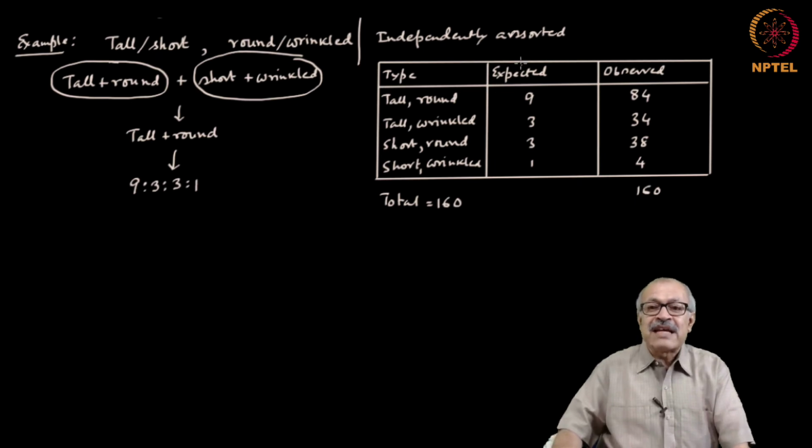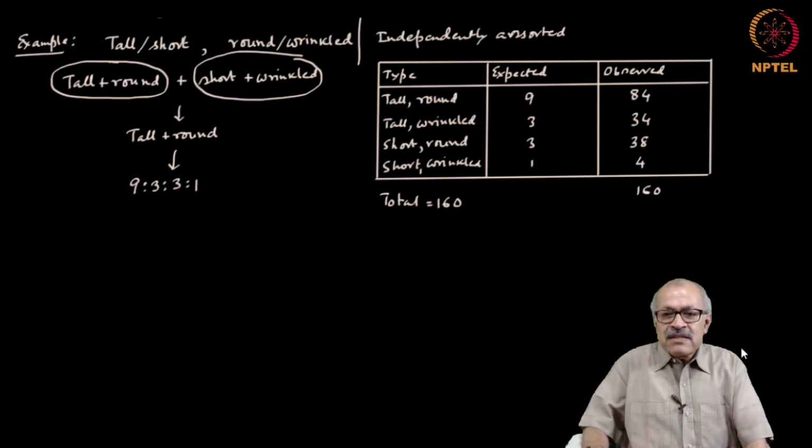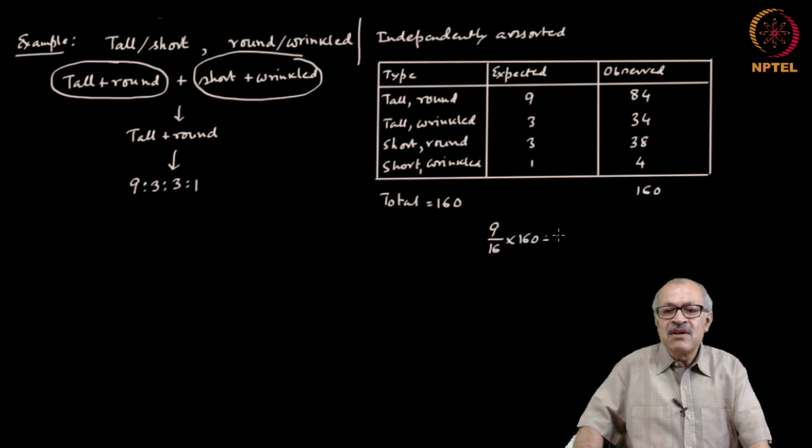Now, the question is, what is expected? What is expected is that if you add this up, 9 plus 3 plus 3 plus 1 turns out to be 16. So, 9 out of 16 should be tall and round. You can easily see that 9 by 16 into 160 is equal to 90.